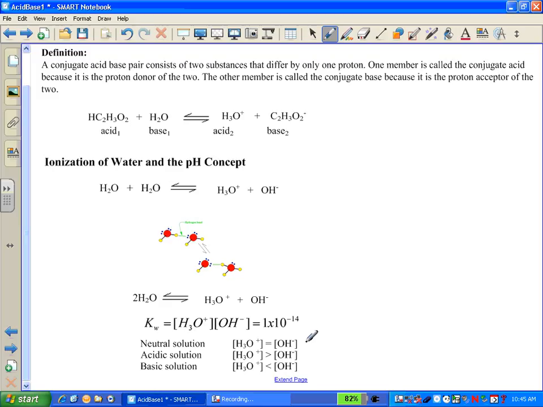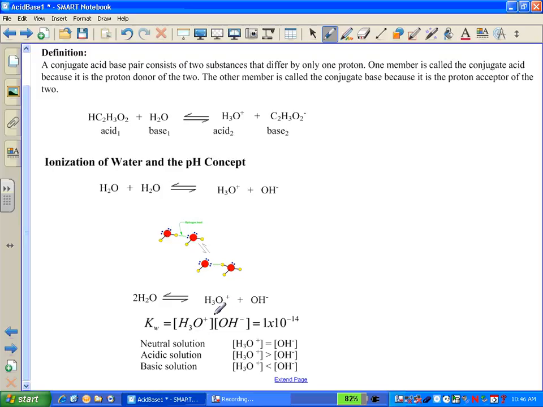It's important to note that this is the way that you should be viewing acid, base, and neutral solutions. Sometimes when students are first learning about acid-base chemistry, they think of acids as being substances where there's only H3O plus and bases where there's only hydroxide ions. But the reality is all solutions in water have hydroxide and hydronium ions in solution.